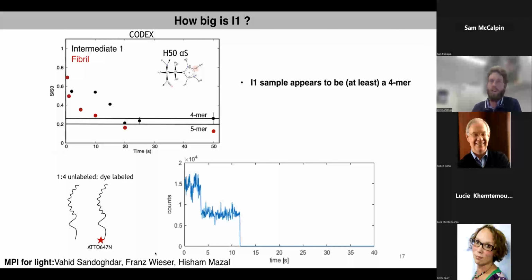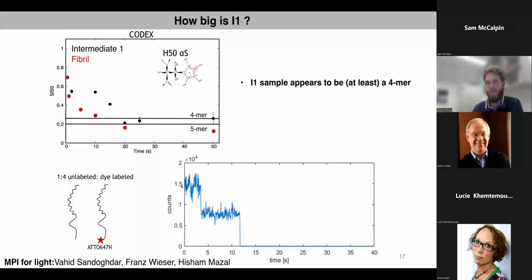The data that I'll show you has a 1:4 ratio between unlabeled and dye-labeled alpha-synuclein. We also have some other data with 1:1 labeling. And with this, together with 2 different methods which they use, we are able to access the oligomer number.